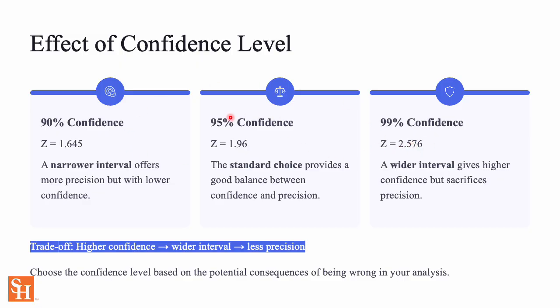I have also discussed earlier that the higher the confidence, the wider the interval, right? And therefore we will be less precise in that case, right? I think it is clear to all of you by now.